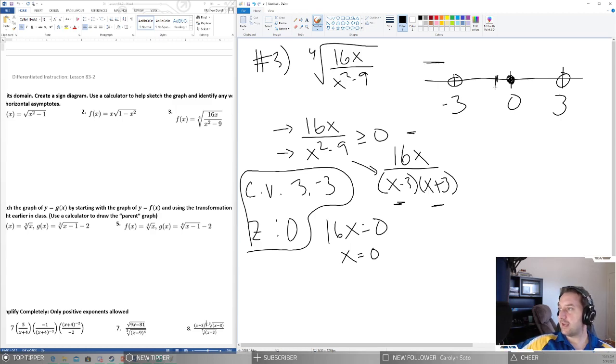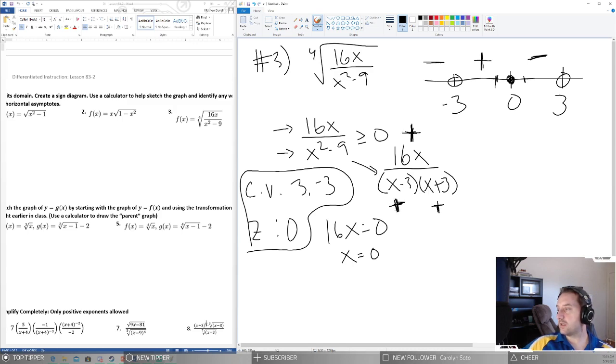If I plug in -1, 16 times -1 is a negative. -1 minus 3 is a negative. -1 plus 3 is a positive, so that's 2 negatives. So that's a positive. If I plug in +1, 16 times +1 is a positive. 1 minus 3 is a negative. 1 plus 3 is a positive. So I have 1 negative. And then if I plug in 4, 4 times 16 is a positive. 4 minus 3 is a positive.